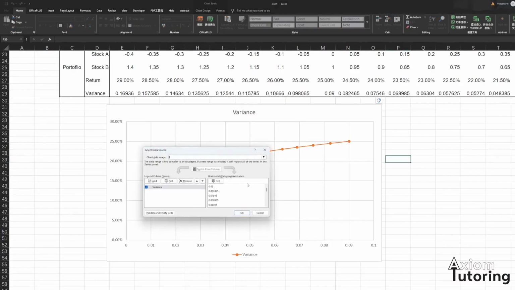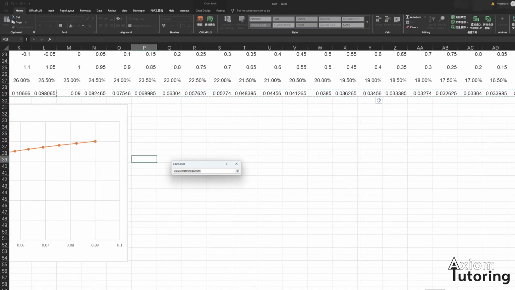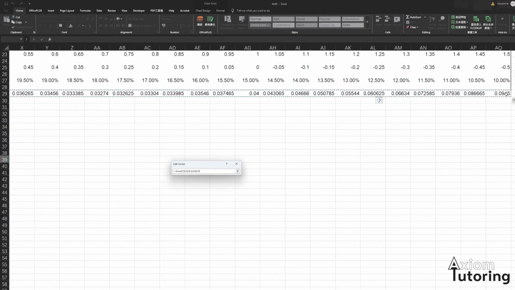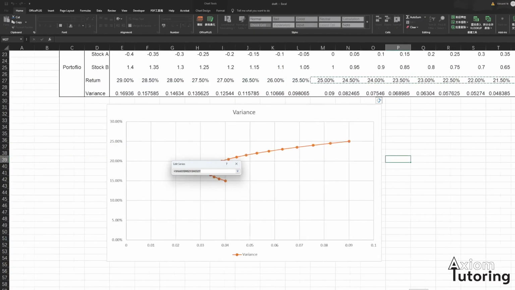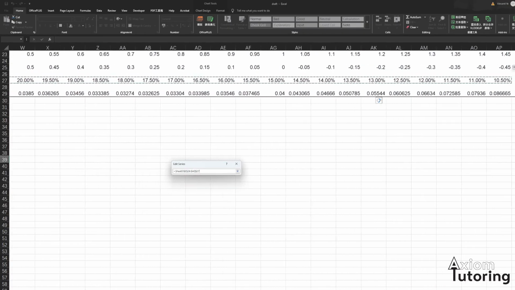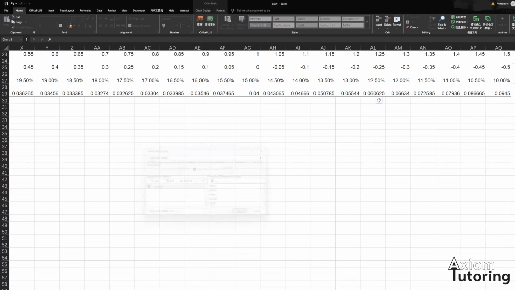So let's select more data. Let's edit, and for the X series, or the horizontal axis, we can include even more data points. And for the Y series, we have even more returns here. Let's select those data and press OK.